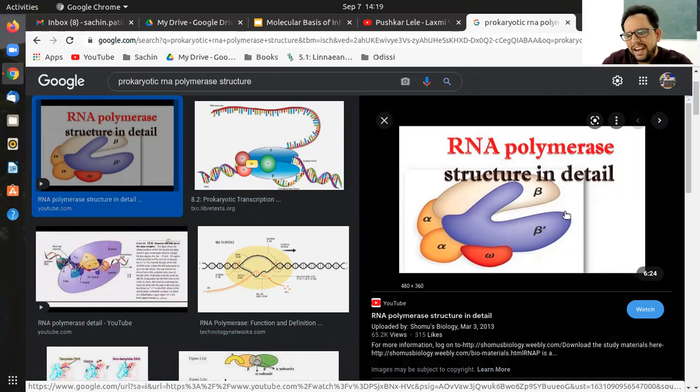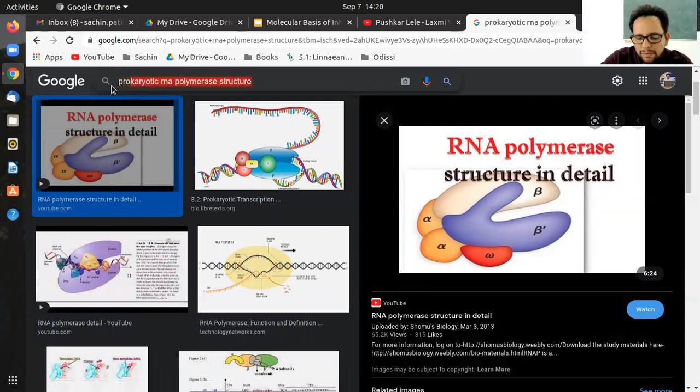So let's say a random example, I don't know now which subunit takes care of which type of RNA in prokaryotes, but let's assume alpha will take care of mRNA, beta will take care of tRNA, and this omega or that one will take care of rRNA. So that way different subunits can function for different RNA transcription processes.